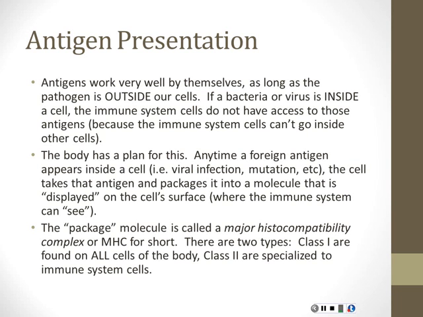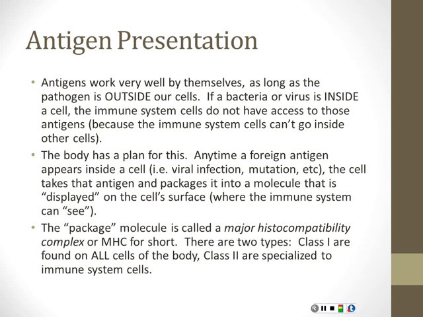And MHC molecules are sort of special in the body because they are profoundly different from person to person. It's only in identical twins that you can find two people with the same major histocompatibility complexes.